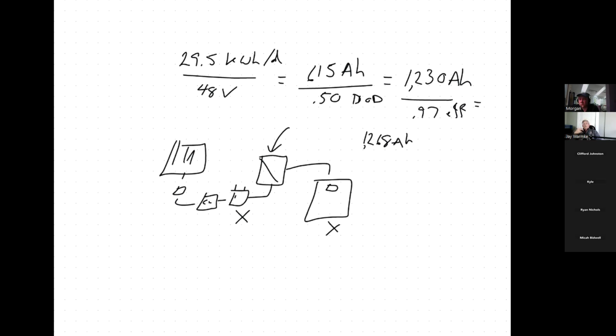Okay, and now I'm trying to rack my brains here. I haven't done this in a while. There's one other thing we have to worry about in here. Depth of discharge, efficiency. Does anybody know? It's a minor thing.